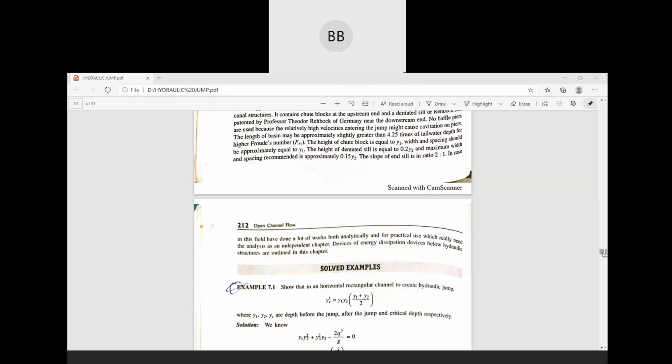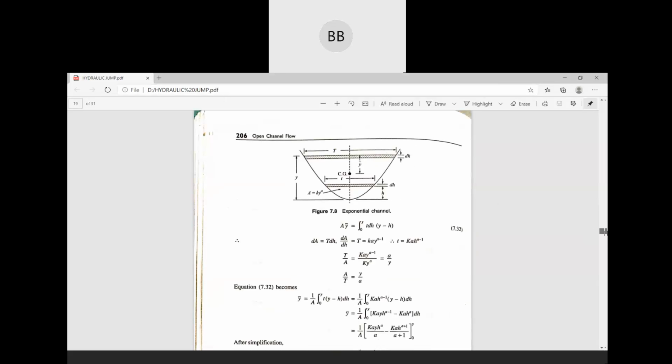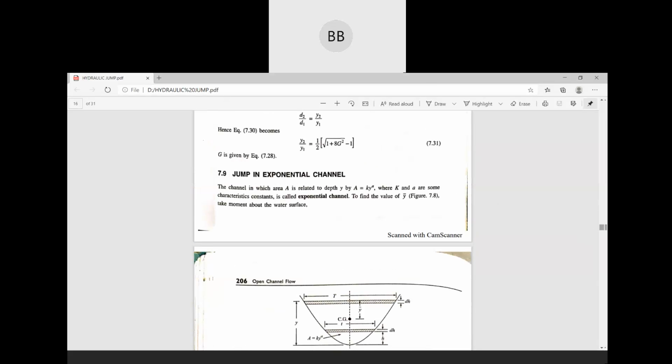Okay, so I think in the last class we have discussed types of jump, right? Types of jump is over.